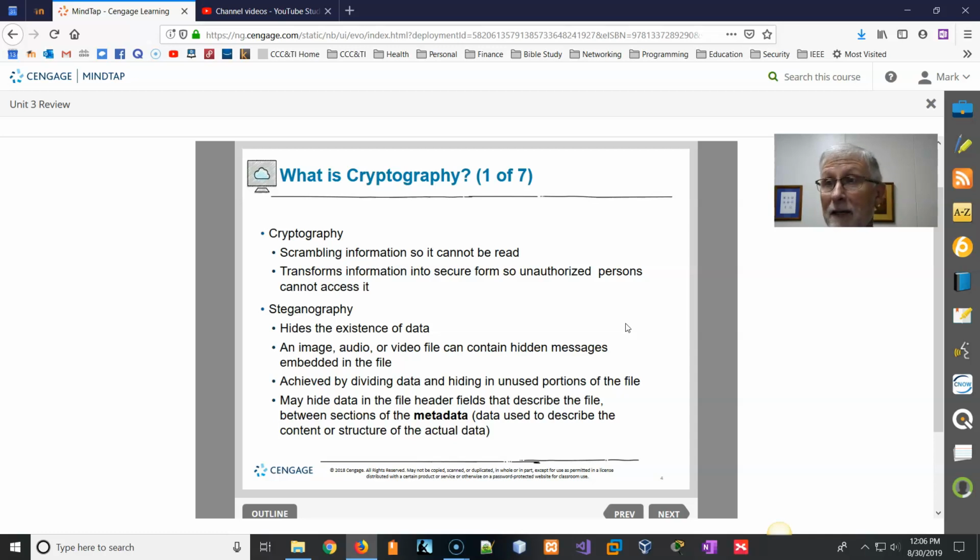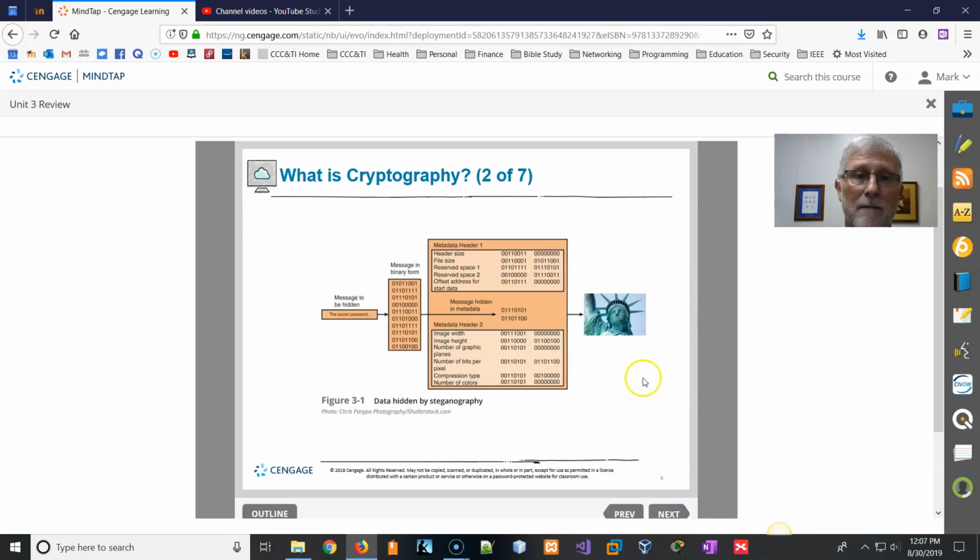You may hide the data in header files that contain a description field between sections of the metadata. Metadata is data used to describe the content or structure of the data, but not necessarily a message that you wanted to pass on.